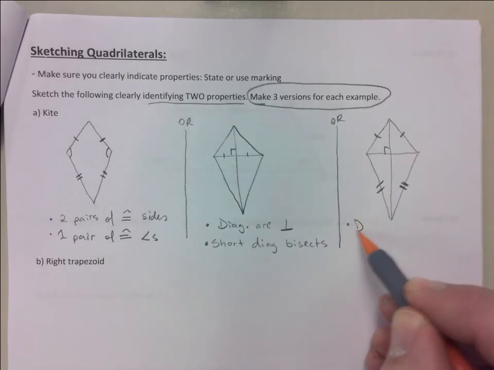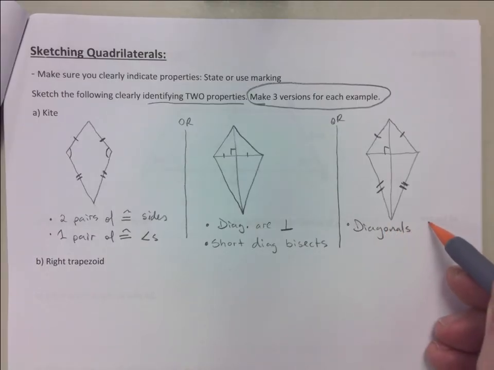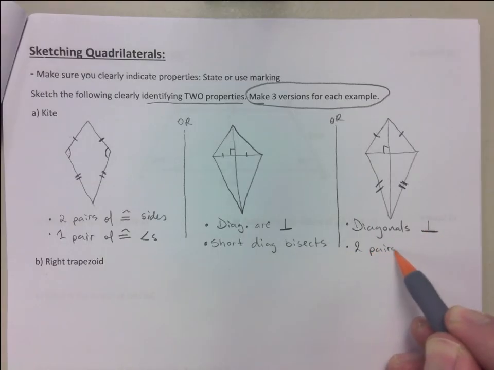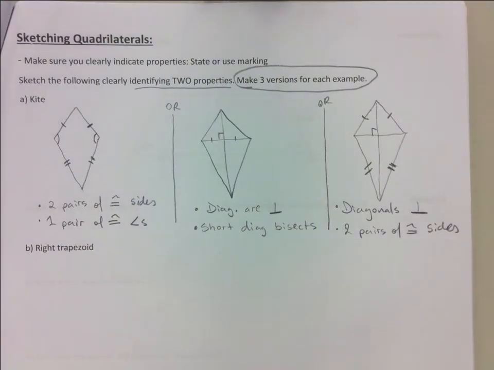Okay, so diagonals bisect, are perpendicular, and there's two pairs of equal sides. That's what I mean with three versions. Try to make your diagram look different, so that in each case you're highlighting something slightly different. That's just going to ensure that you know enough properties about it.